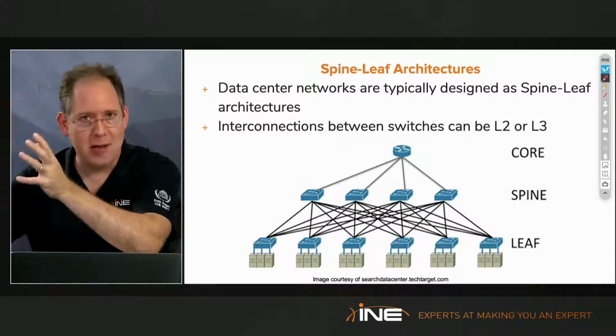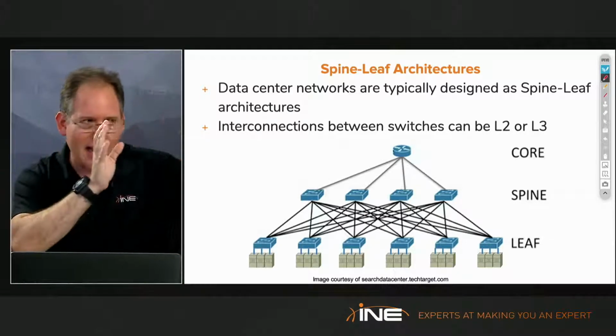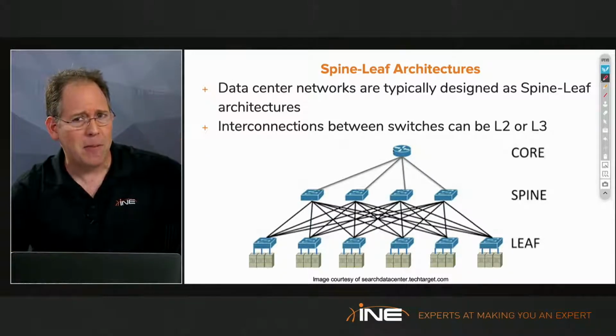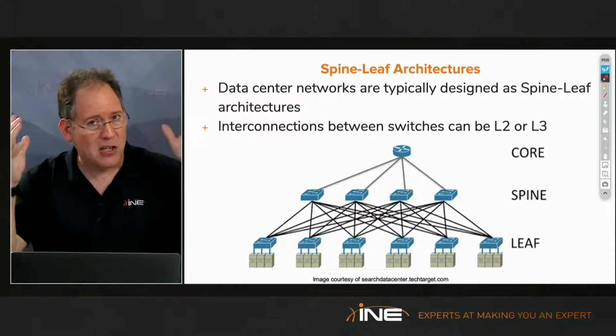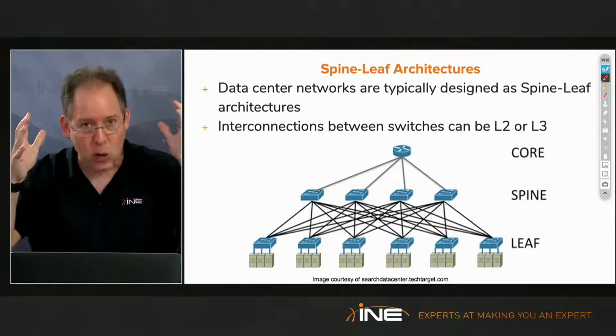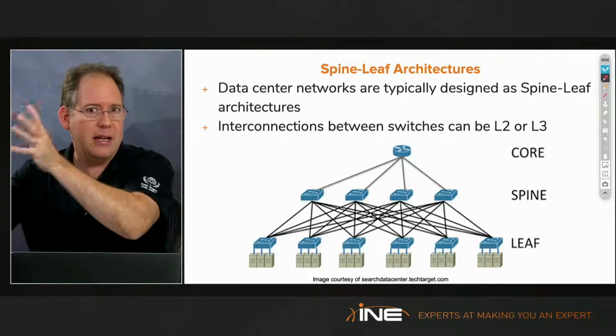That really can't ever go down. I don't want this section of the network over here that's holding my hosts to go down either. But if I have to pick between the two, I'll spend the bigger bucks, get the better, faster, more resilient equipment, and put it over here in the data center.